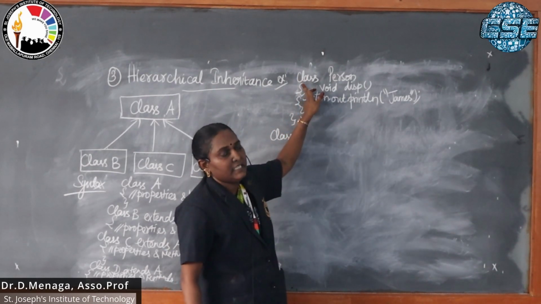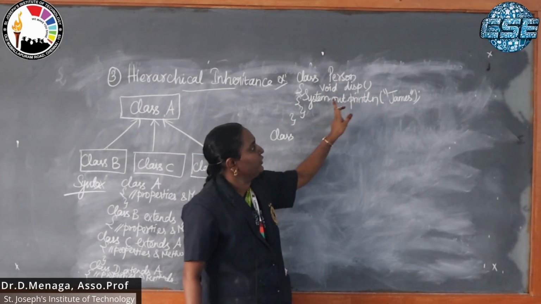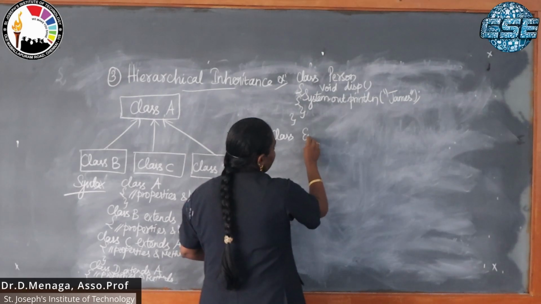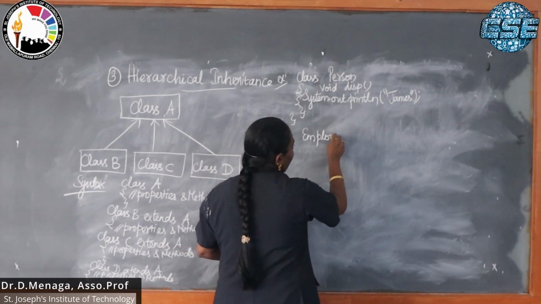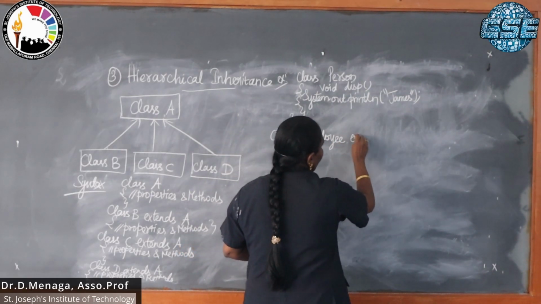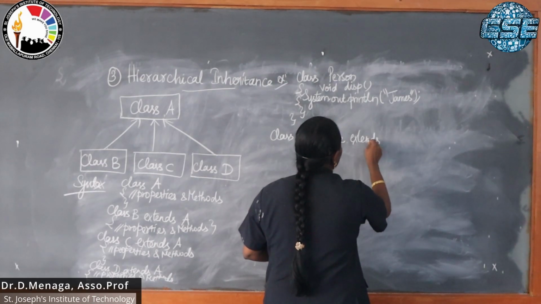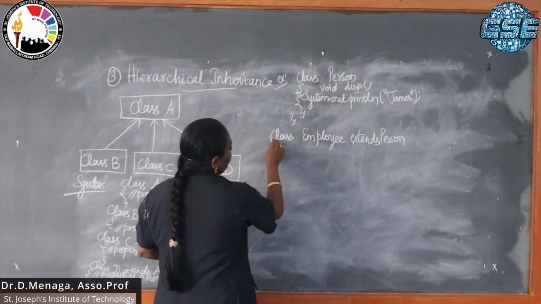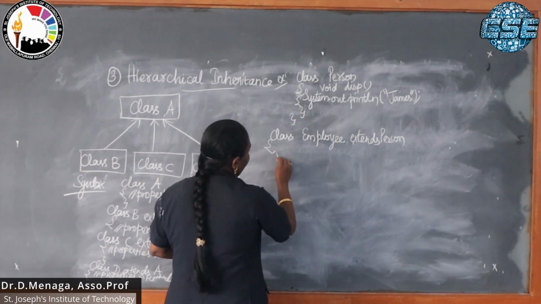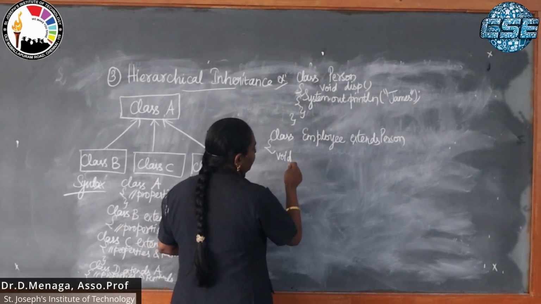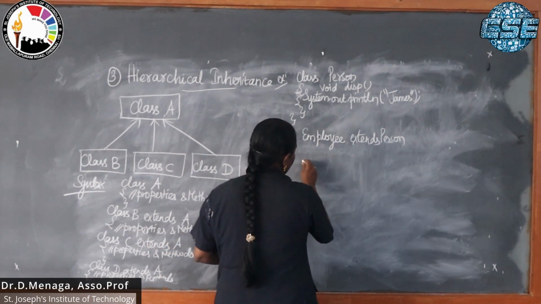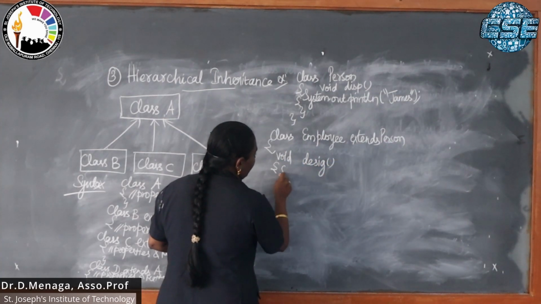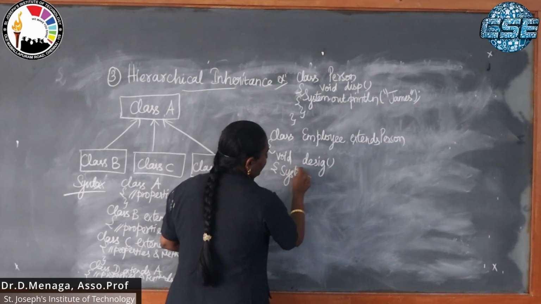So I have a base class called person with a display method that is going to display the name of the person as James, and then I have another class called employee that is going to inherit the properties and methods of this base class person. So in this employee class again I have a method called desig that is going to display the designation of that employee.